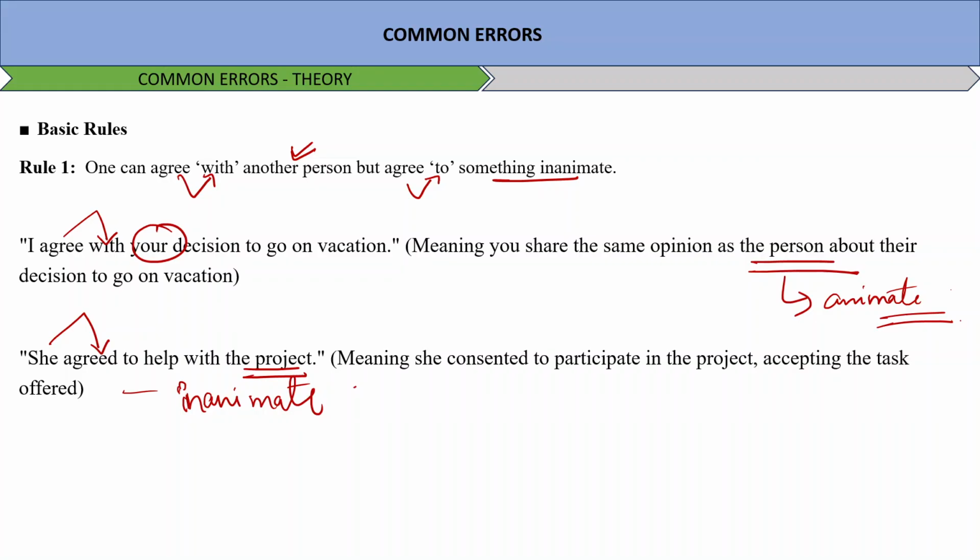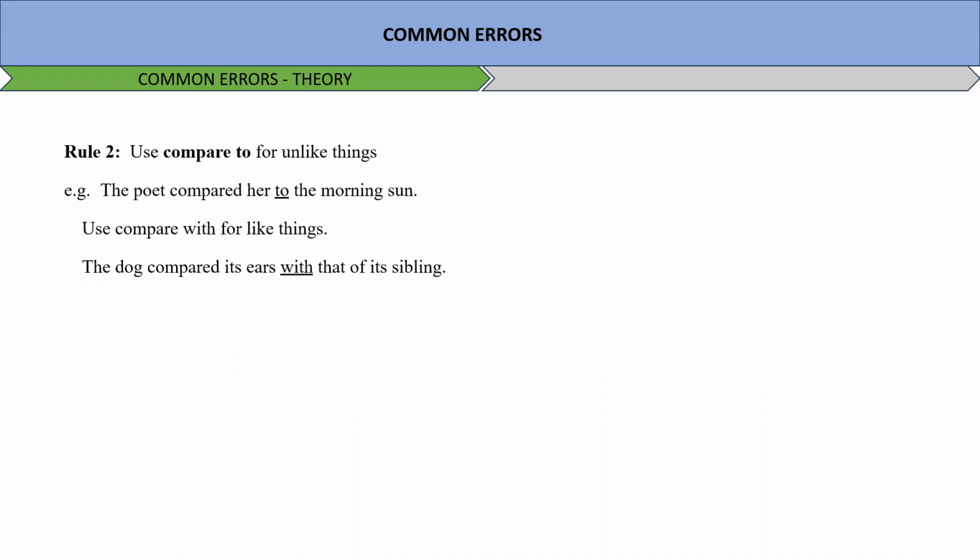Moving on, use compared to for unlike things. The poet compared her to the morning sun, something which is not real, an unrealistic thing. Use compare with for like things, something which is realistic. The dog compared its ears with those of its sibling. So definitely we always do this at home, right?